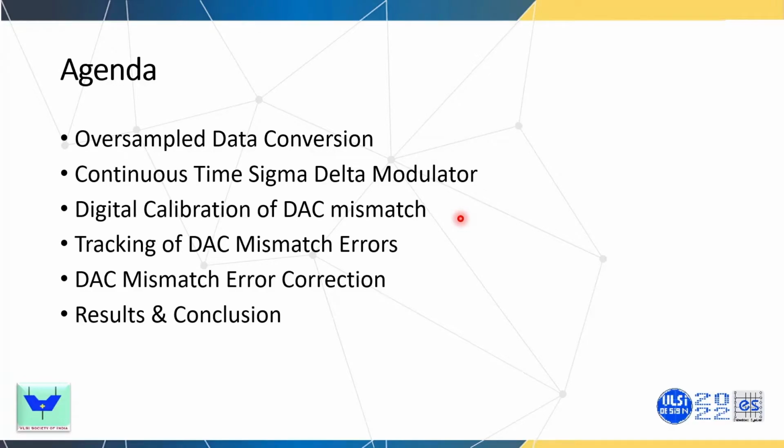Then I'll talk about our proposed technique for tracking the DAC mismatch errors, estimating them, and eventually correcting the DAC mismatch impact at the modulator output. Finally, I'll present results and concluding remarks.